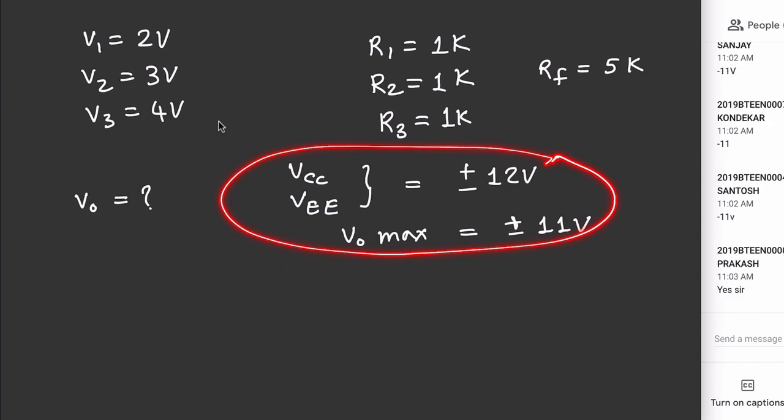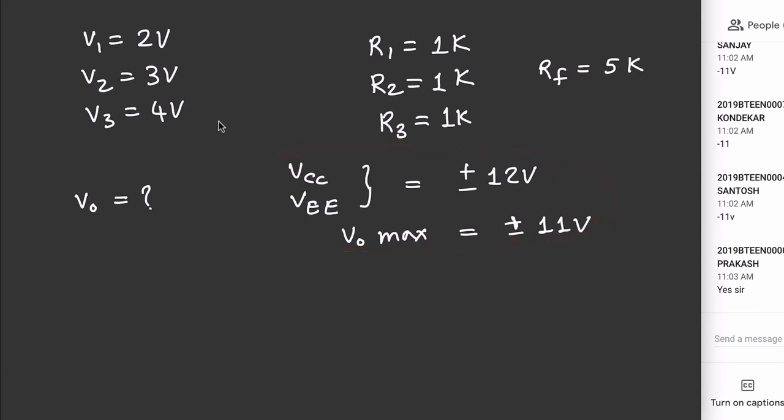Okay, so everybody understood that the circuit is adder, no doubt. The circuit is adder, but it has its own constraint, that the supply is only plus minus 12 volt. If you supply plus minus 12 volt and we know that the output is maximum plus minus 11 volt, the output will be limited to this.